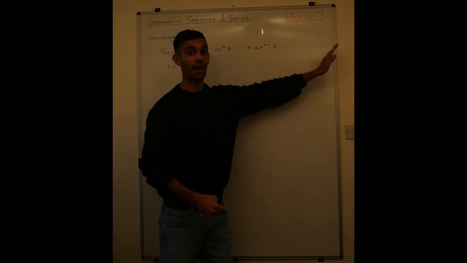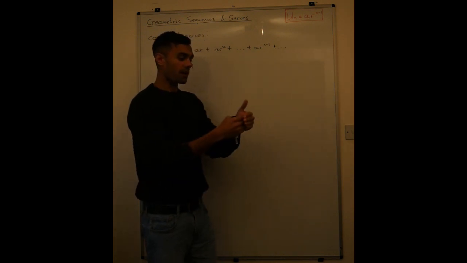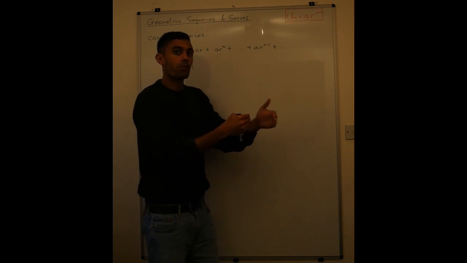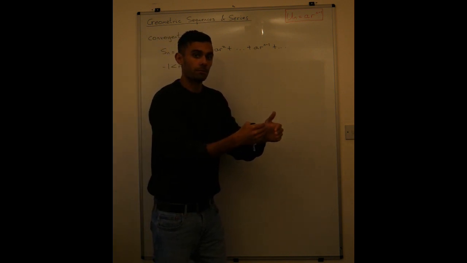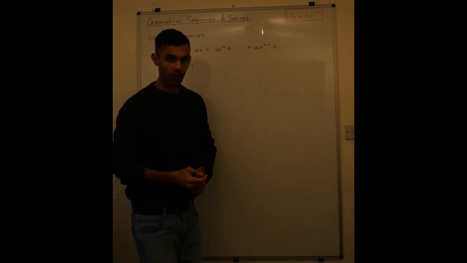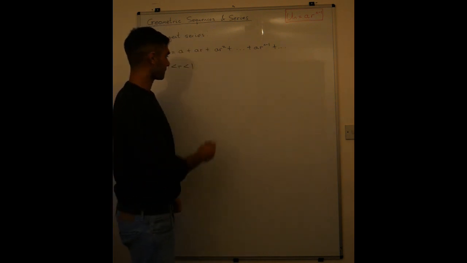And as you continue to add terms, you can say that the sum approaches a limit. You can see it's getting closer and closer to a number. There's a way to work out that limit. There's a formula.